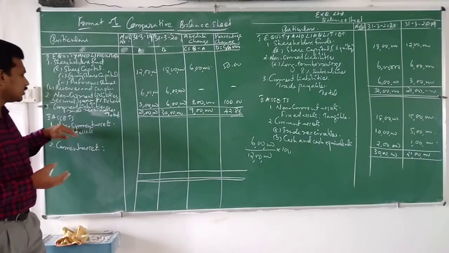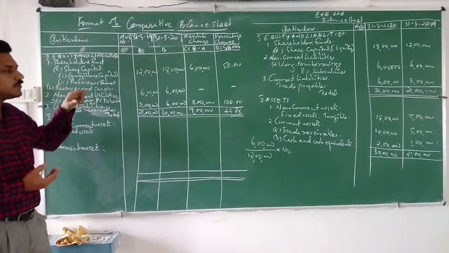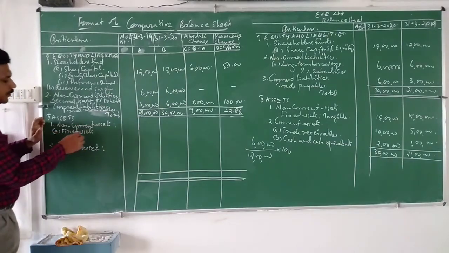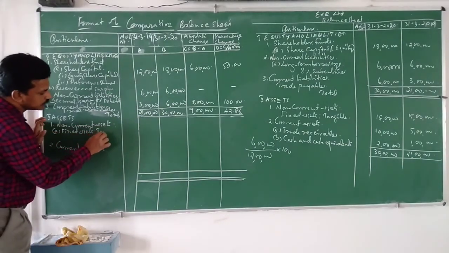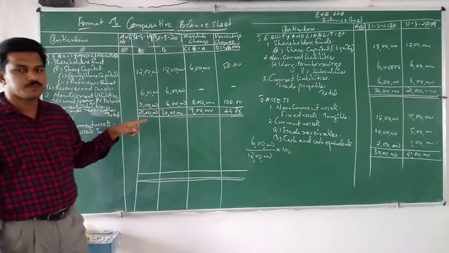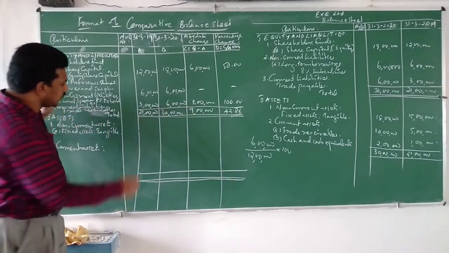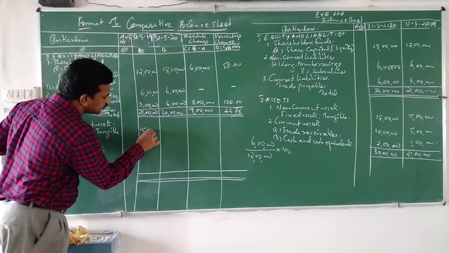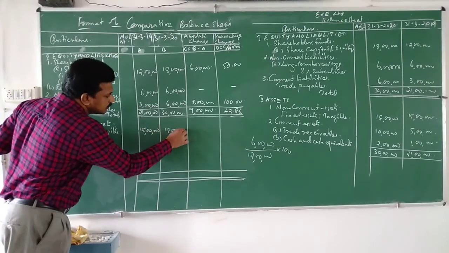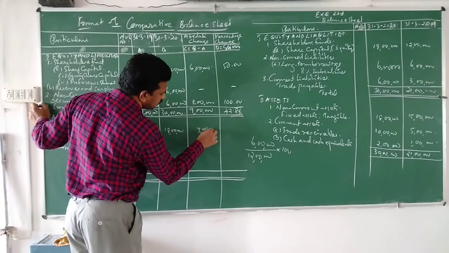So next let us see the assets. Fixed assets, non-current assets. In that non-current asset, the next is fixed asset, tangible. Tangible asset is there. How much? Previous year 15 lakh. Here it is 18 lakh. There is an increase of 3 lakh.